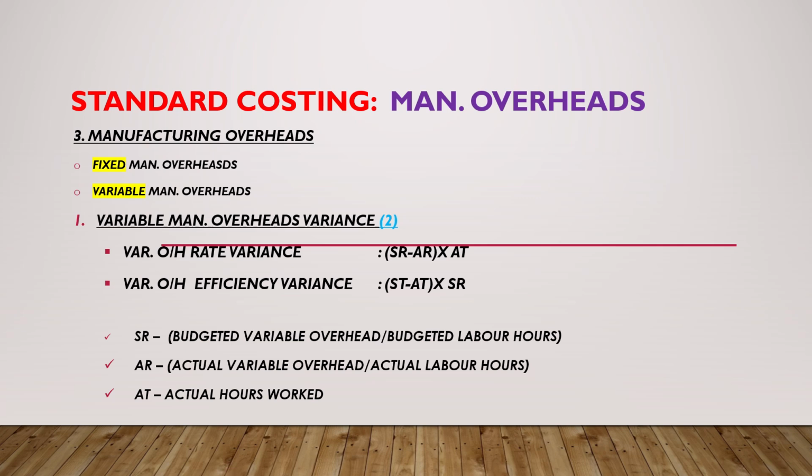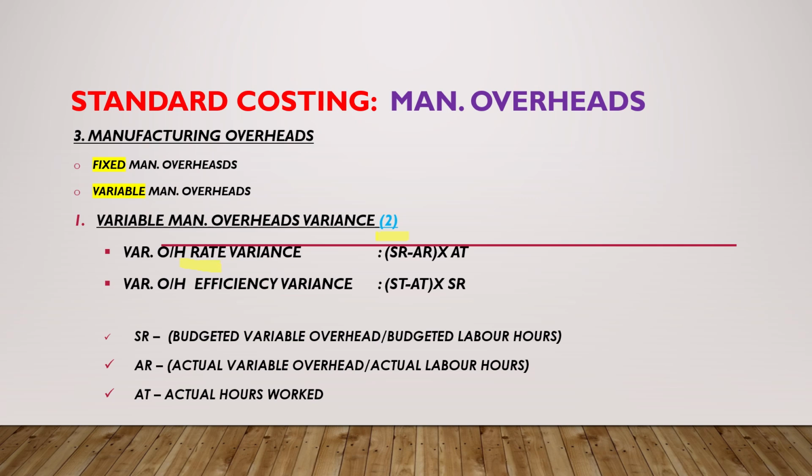When you calculate the variances in variable manufacturing overheads, you must know that you will have two formulas to work on. The first one is variable overhead rate variance. So the focus here is rate, whereby we are going to compare standard rate and actual rate.